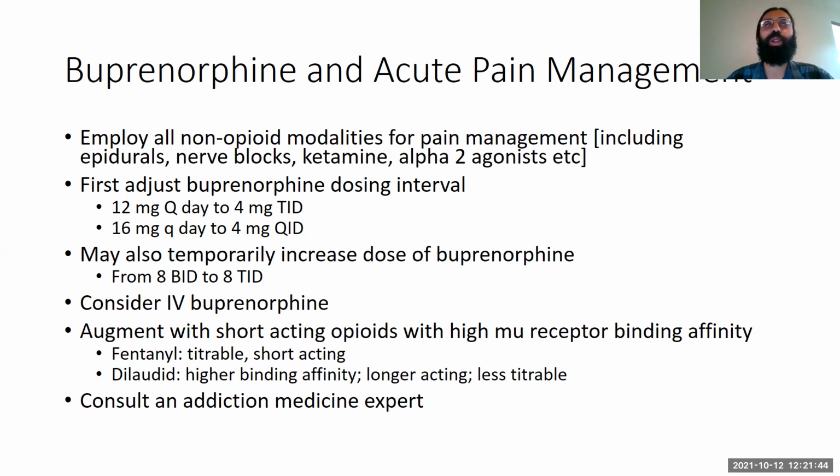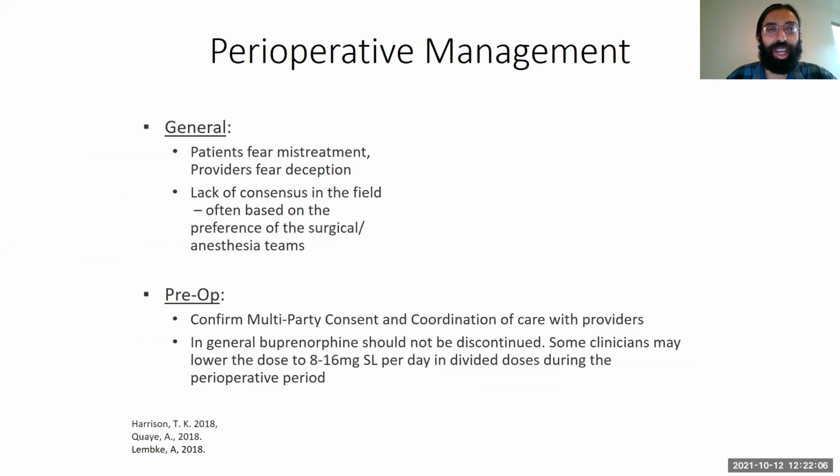And fentanyl, although when used illicitly off the street, is very, very dangerous, in settings like this, fentanyl actually has a pharmacological profile that is very favorable. You can titrate it in very gradual increments, it's short-acting, and can really provide additional analgesia. And if in doubt, consult an addiction medicine expert or an addiction psychiatry expert.